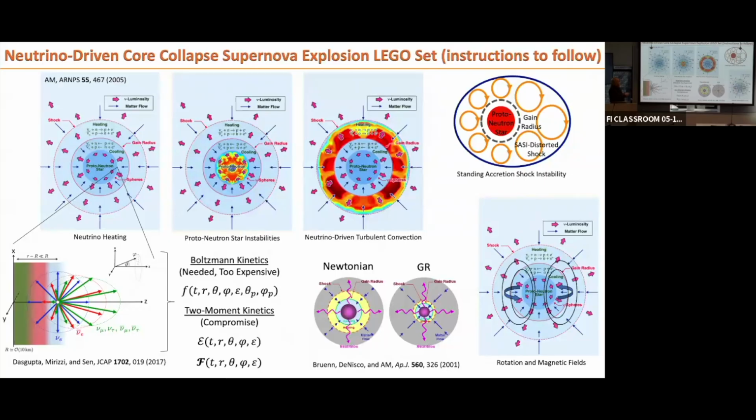And below the gain radius, we lose energy in the net, and this material will eventually cool down and become part of the protoneutron star, which will eventually become our neutron star, or a black hole, as the case may be. So the idea was discovered by Jim Wilson accidentally, one of the pioneers, the grandfathers of supernova theory, back in 1982.